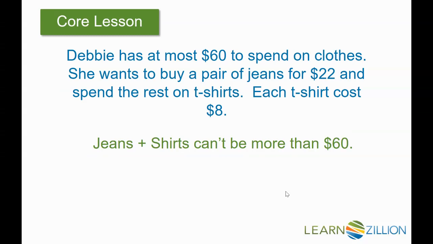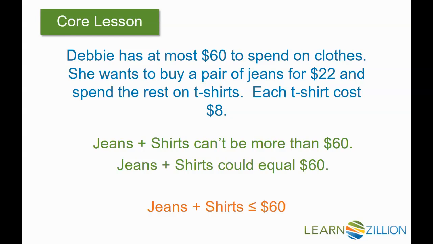So the last thing we need to know, we know that jeans plus the shirts can't be more than $60, right? It can't be greater than that because she only has $60 to spend. Jeans and t-shirts could equal $60 because she has at most $60 to spend. So if she got to 60, she would be okay.